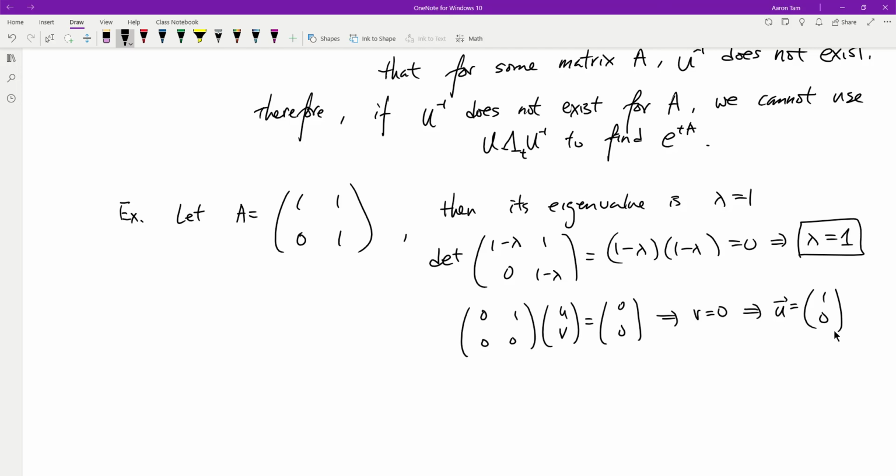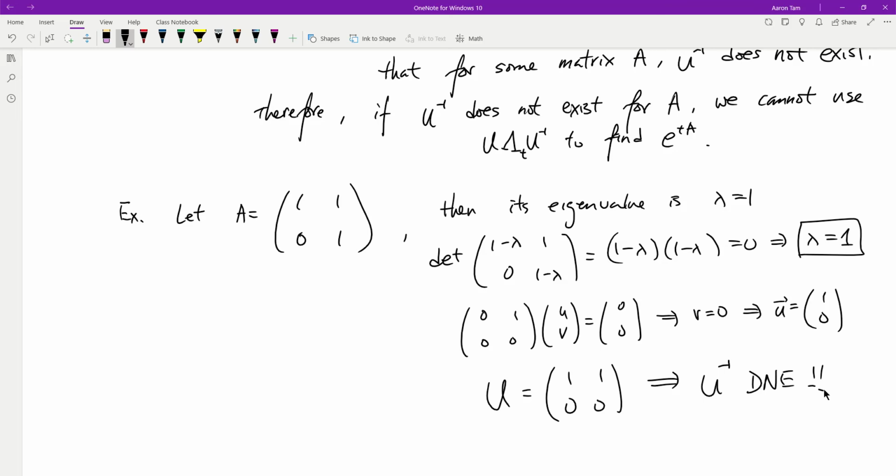I'm going to say 1. And therefore, matrix U in this case could be [[1, 0], [1, 0]] because it has a repeated eigenvalue. And U inverse does not exist, because this matrix has an entire row of 0 and therefore is not invertible.